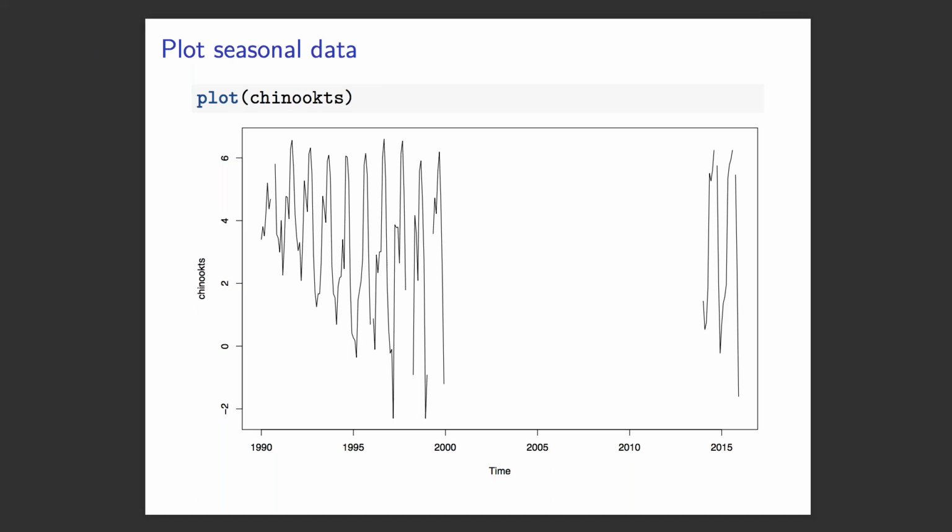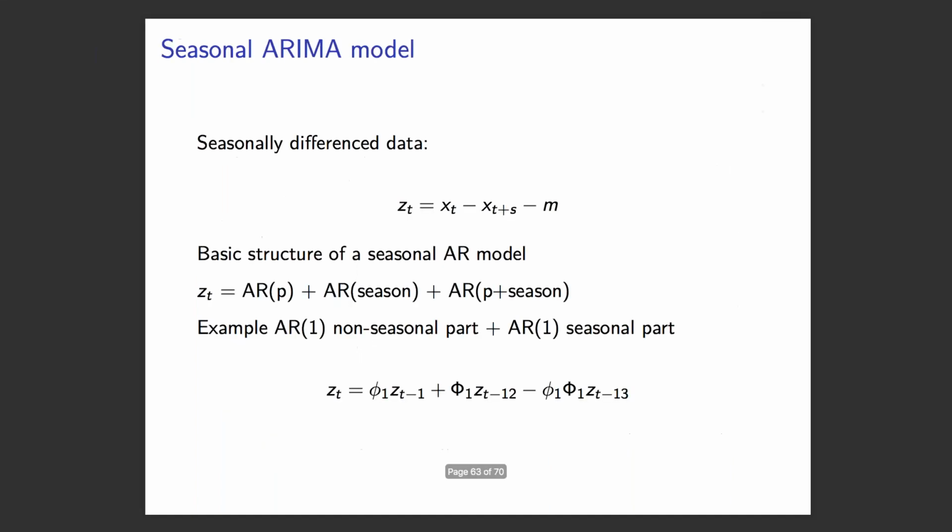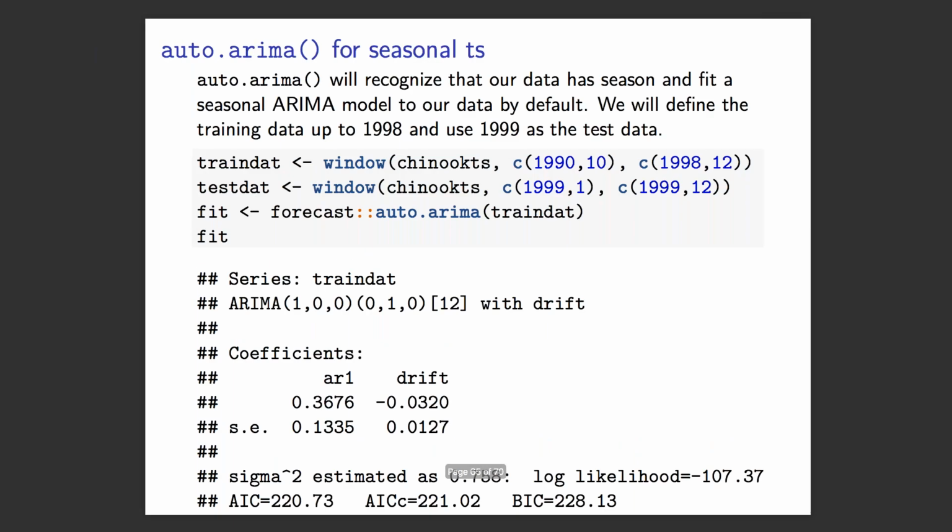And then I'm going to do a forecast and compare my forecast to the actual data. So here's what that code is going to look like. First, I'm going to set up the data I want to fit to. I'm going to take the Chinook time series. I'm going to use this function called window, which is going to take a segment of that.